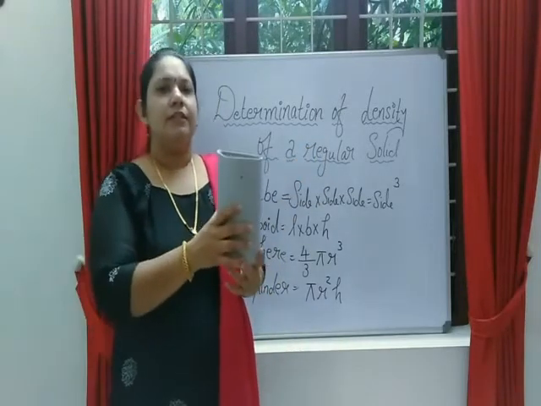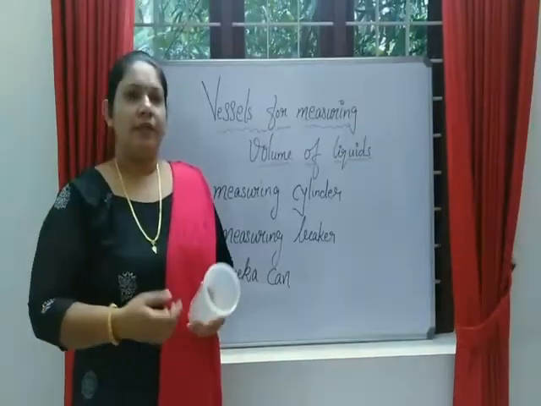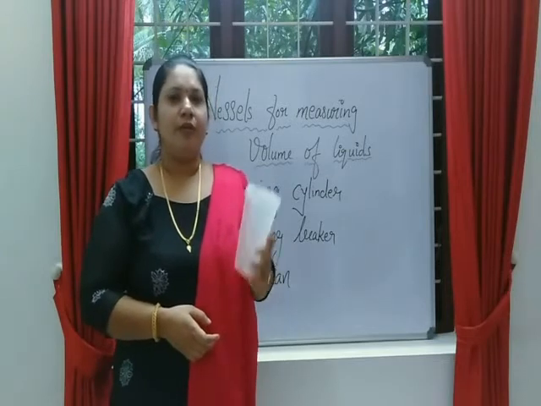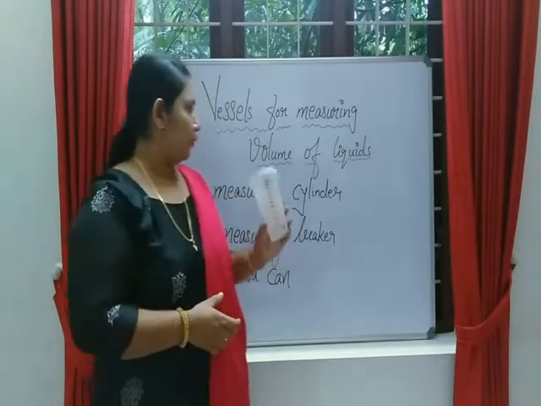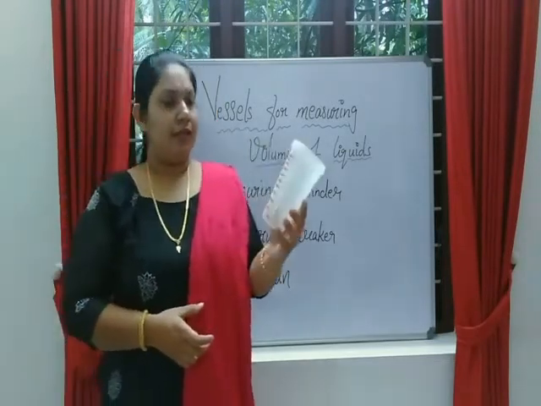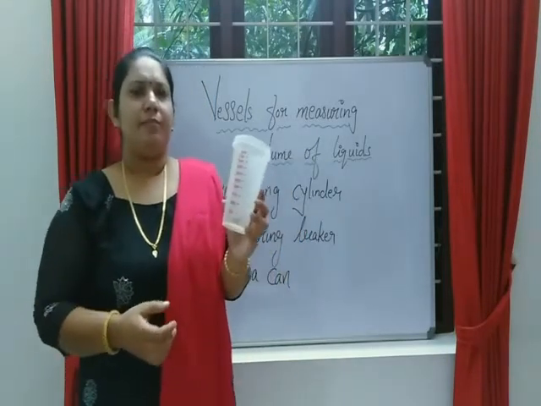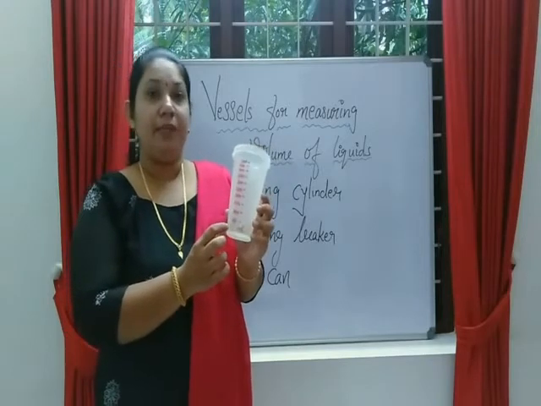Okay. Next we are going to study about vessels for measuring volume of liquids. That first one is measuring cylinder. Here you can see it's a model of a measuring cylinder, and generally the measuring cylinder is graduated in milliliters.